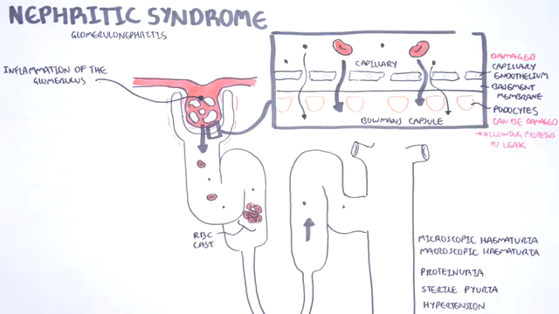As mentioned, ANCA autoantibodies will activate neutrophils, and this allows the extravasation of the neutrophils out of the glomerular capillary. The neutrophils will infiltrate the area, resulting in acute inflammation and necrosis.